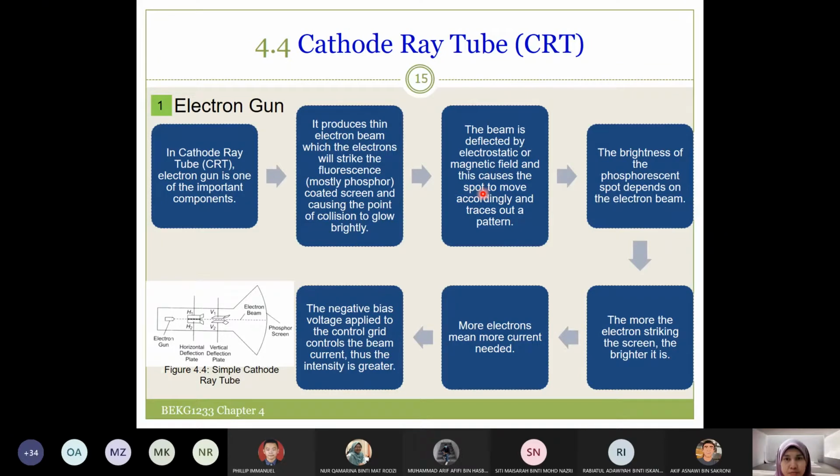The beam is deflected by an electrostatic or magnetic field and causes the spot to move accordingly and trace out a pattern. The brightness of the phosphorescent spot depends on the electron beam. The more electrons striking the screen, the brighter it is. More electrons mean more current needed. The negative bias voltage applied to the control grid controls the beam current.